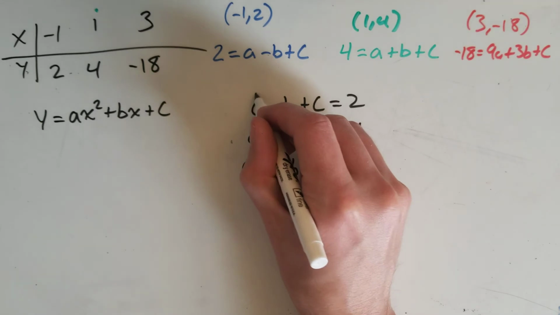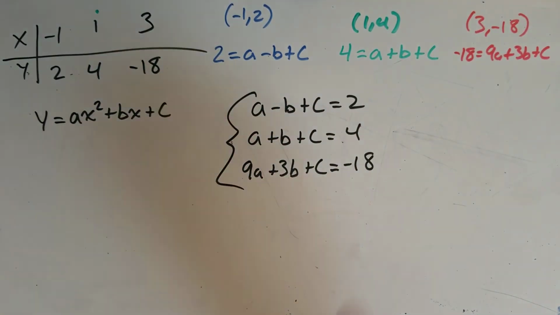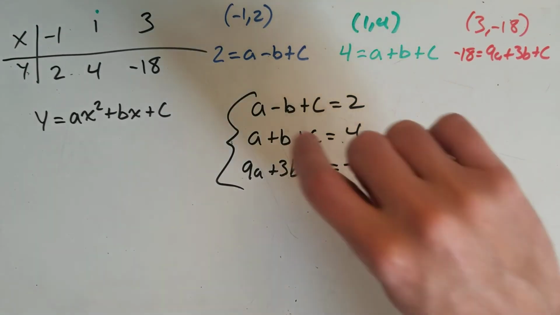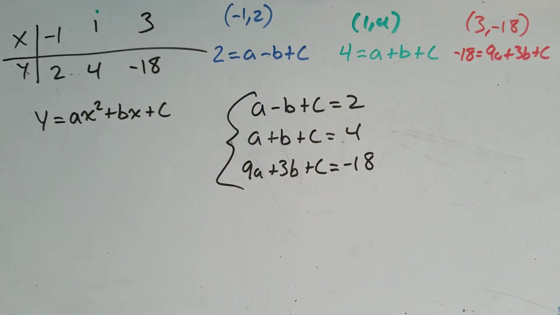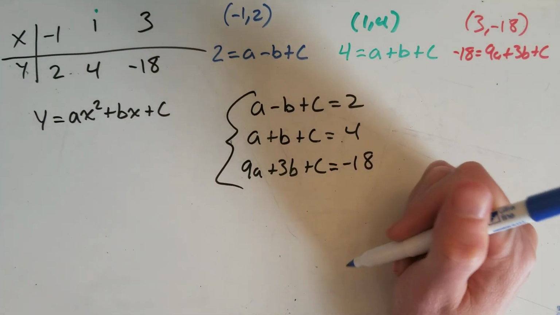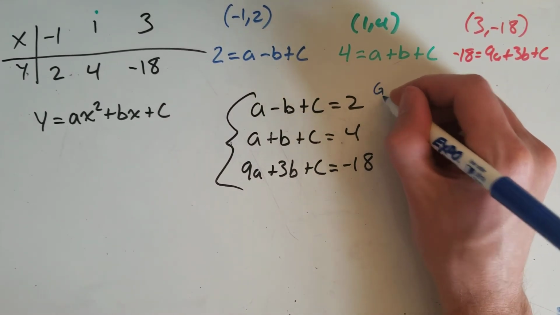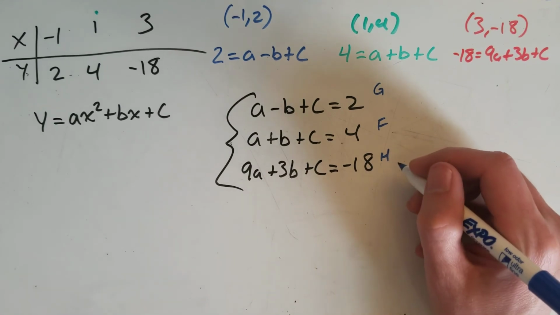This is our system, 3 equations, 3 variables. If you look at the first 2 equations, notice how they both have a positive a and a positive c. That's a great sign because we can cancel 2 variables at once. Let's label these. We'll call them g, f, and h.